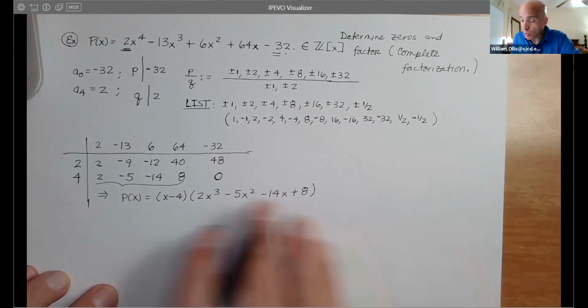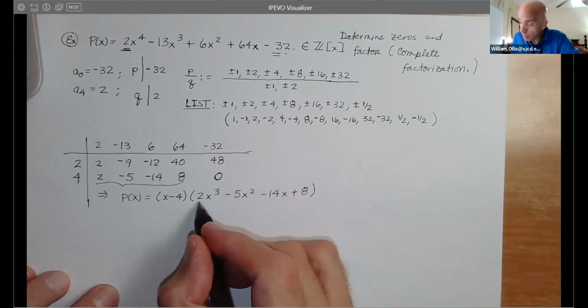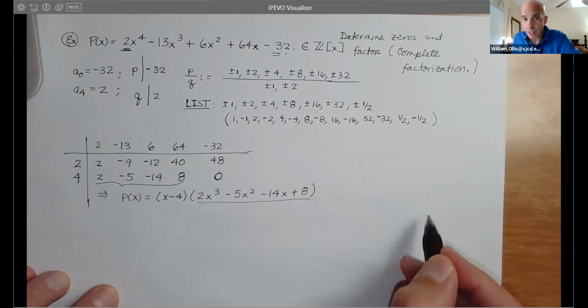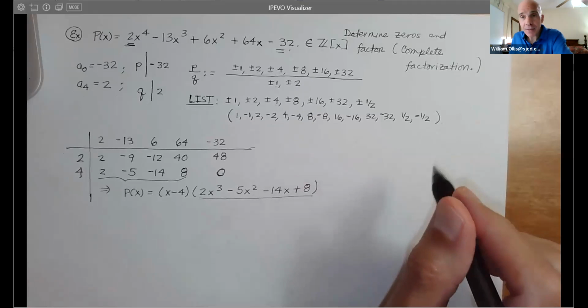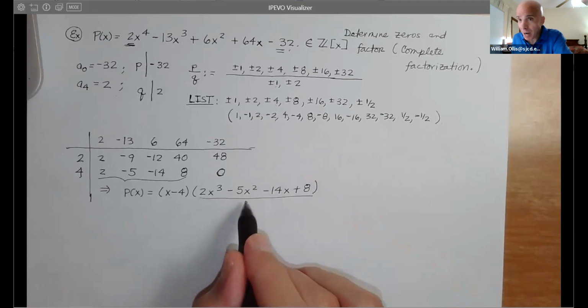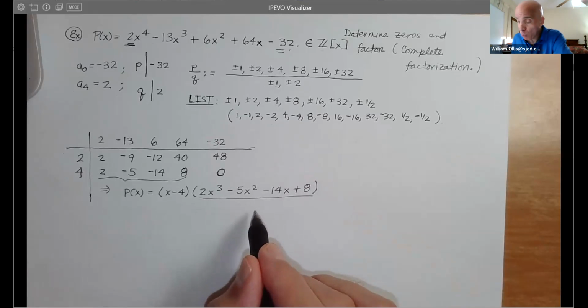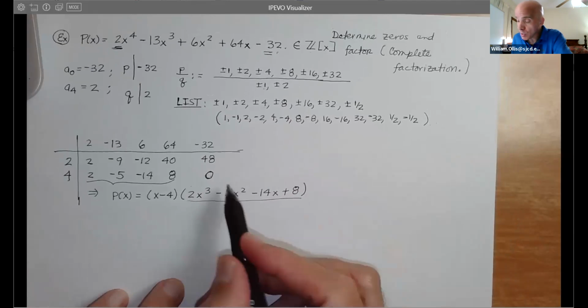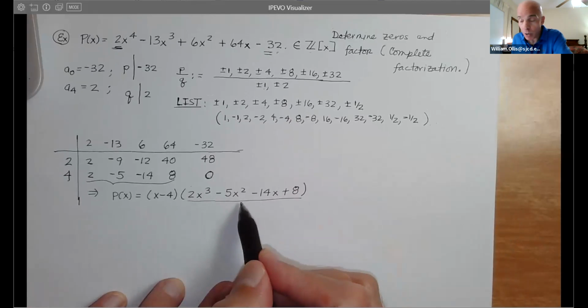Now, again, we're done with this table, and we've got a new polynomial to consider. Now I'll make this comment. This is degree 3. It's not quadratic, so we can't use our theory for the quadratic equation, and it's certainly not quadratic form. So what we want to do is consider other rational zeros here.